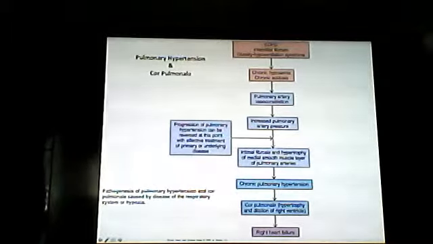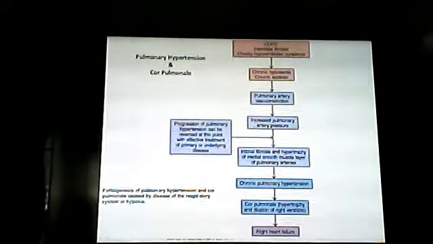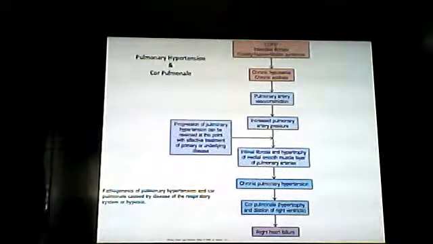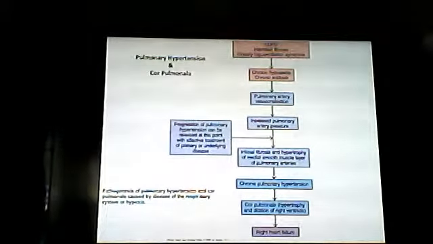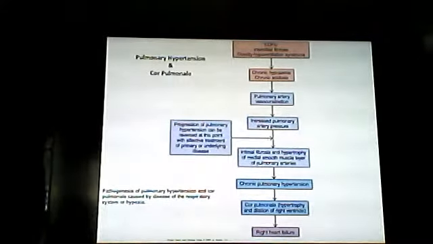If not, you have fibrosis, so the collagen laying down scar tissue. If that scar tissue builds up, there's more and more pressure because you can't contract as easily. Then you have cor pulmonale, which is hypertrophy and dilation of the right ventricle, because the right ventricle has to get blood into the lungs, and if the lungs aren't permitting that, it has to work harder.